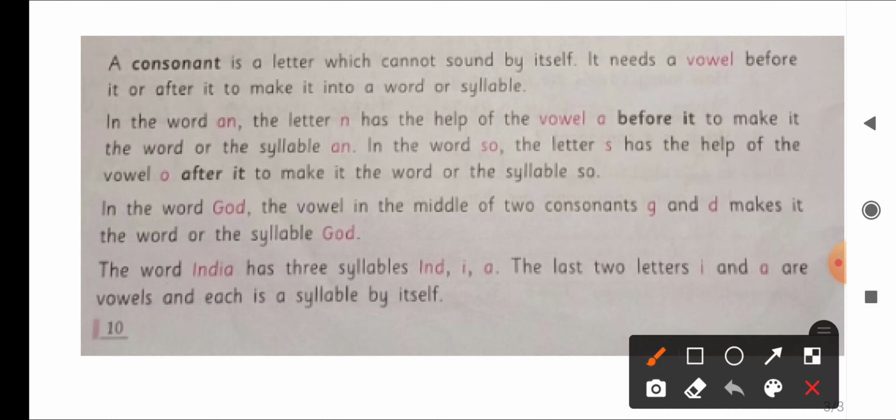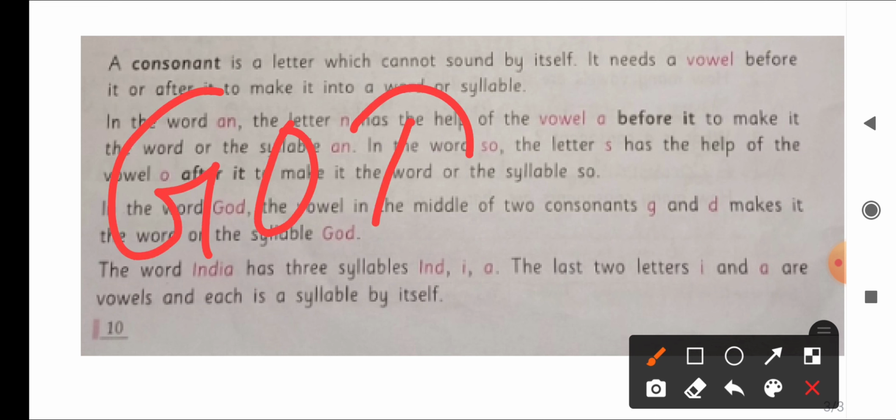Now we will talk about the vowel which is in the middle of two consonants, that is G, O and D, where G stands for consonant, O stands for vowel and D also stands for consonant, isn't it?